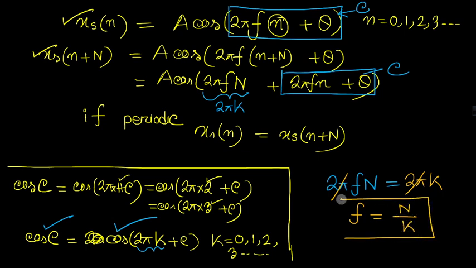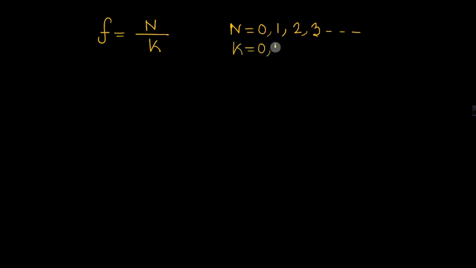Okay, now let's analyze this. Small f is the digital frequency, which is equal to a ratio of integers, where n and k are equal to 0, 1, 2, 3, and so on.